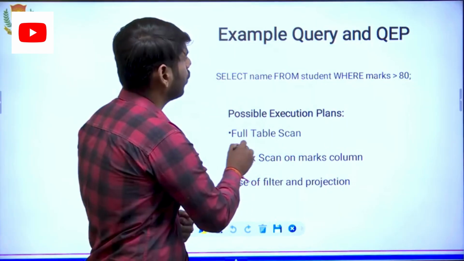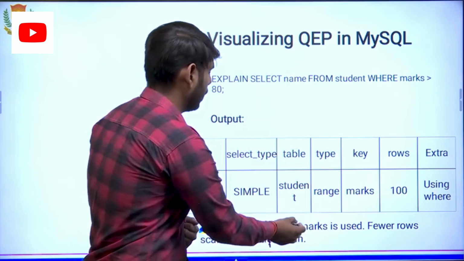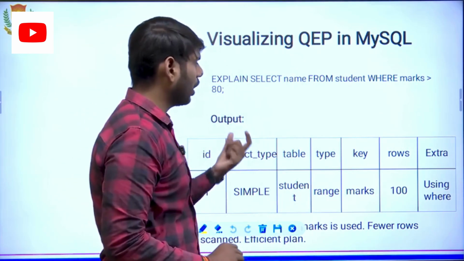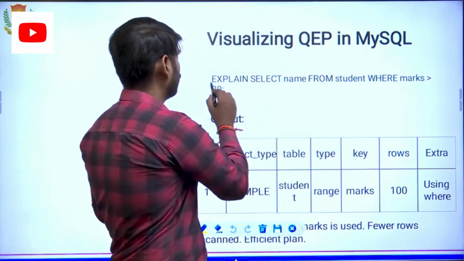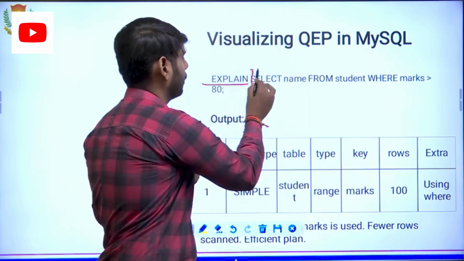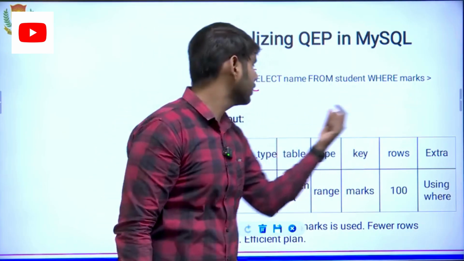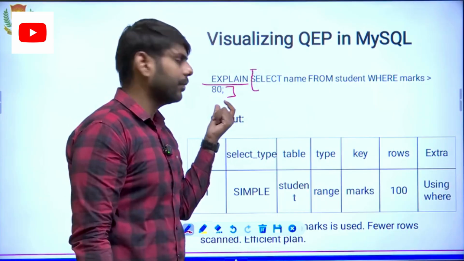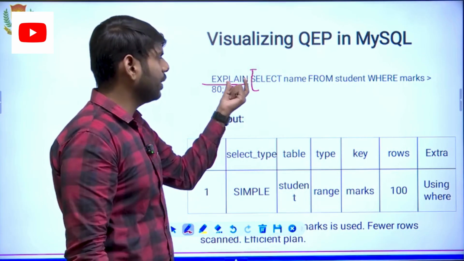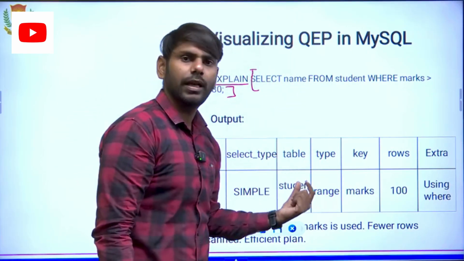Let's see the execution plan. How are you going to see this? First you have to write down EXPLAIN and your whole query: select name from student where marks greater than 80. Then what will be the output? By using this EXPLAIN keyword, the query will be explained to you by the DBMS.